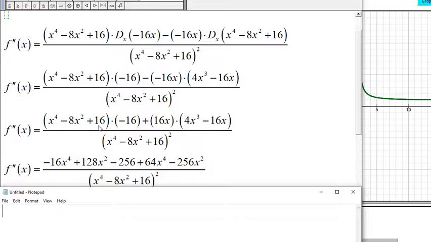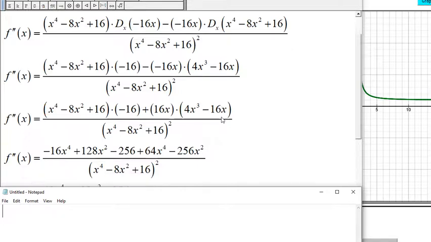Minus 16 times 16 is minus 256. 16x times 4x to the third is 64x to the fourth. And then 16x times minus 16x is minus 256x squared.